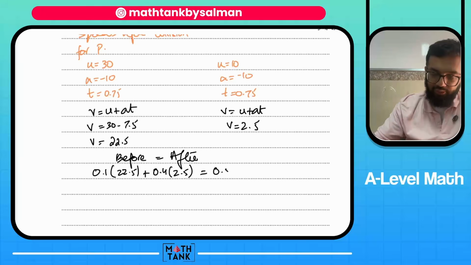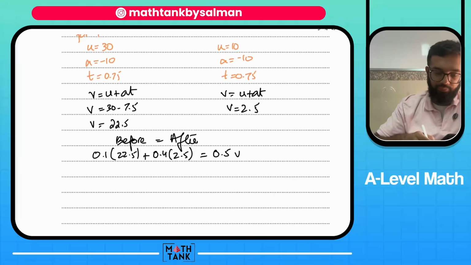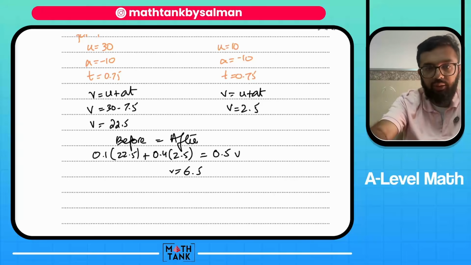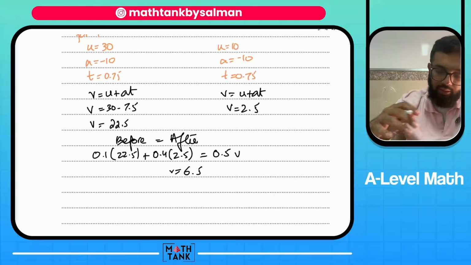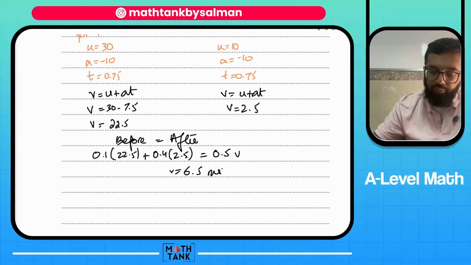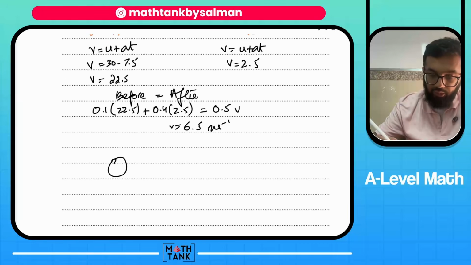Now they've coalesced, so 0.5 into V. So V is coming out as 6.5. I want to check if that is correct. Yes, that is correct. So what's going to happen now? They've coalesced. They're now one particle. They're still moving up, so it's going to keep moving up.